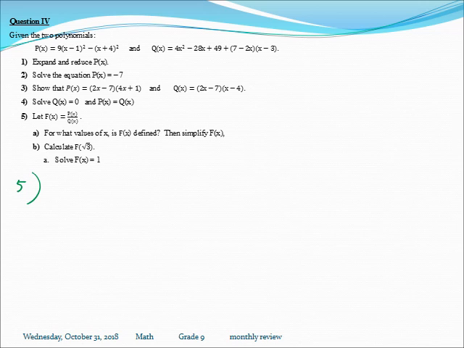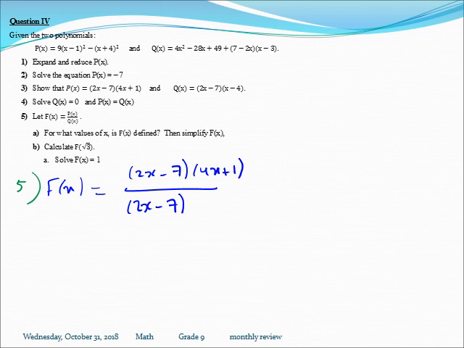Number 5. Let f of x equal p of x over q of x, where p of x is (2x minus 7)(4x plus 1) over (2x minus 7)(x minus 4).